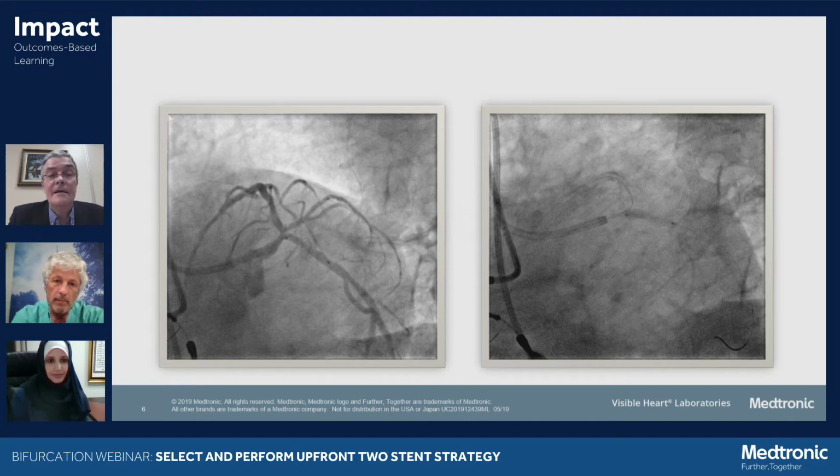Yeah, thanks. If I try to interpret for myself this spider view, my impression is that most of the plaque is actually in front of the ostium of the circ, and that precludes crossover as the first choice, because I'm afraid that plaque shift and carina shift may compromise that circumflex.